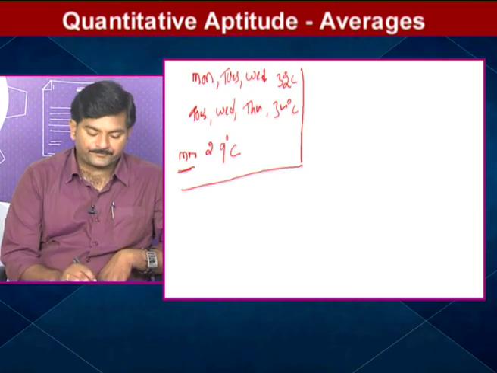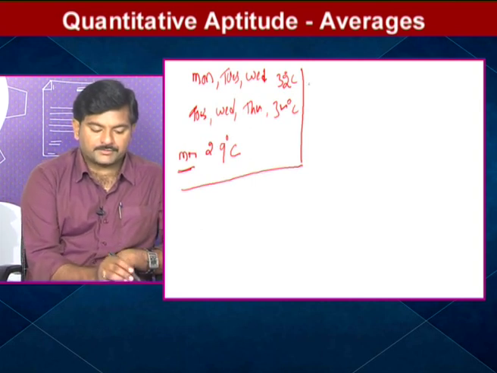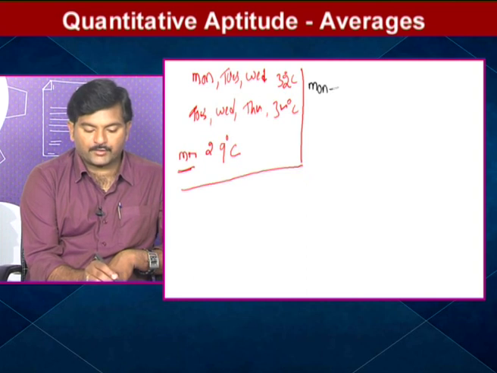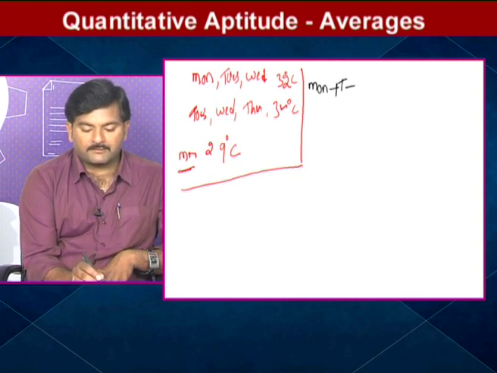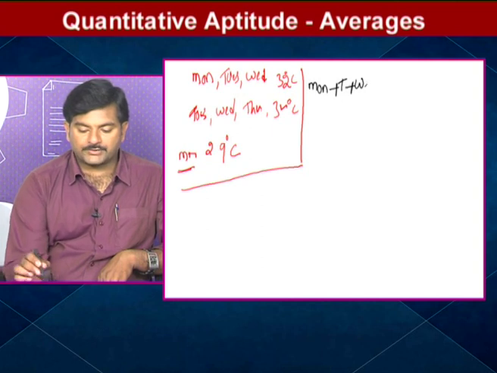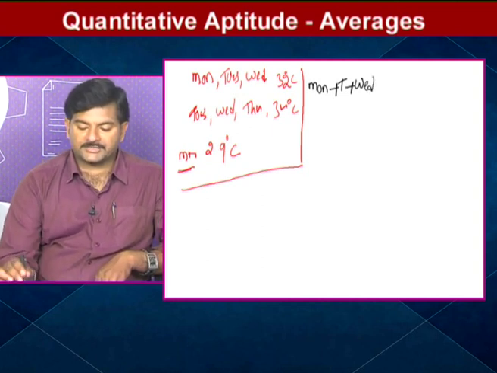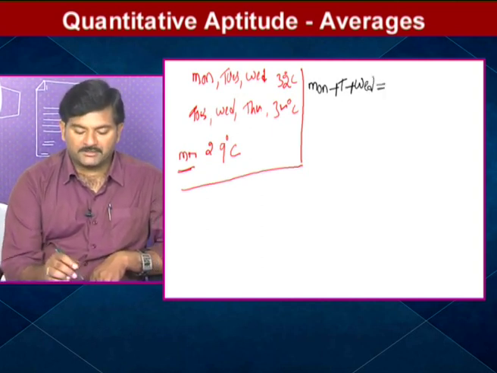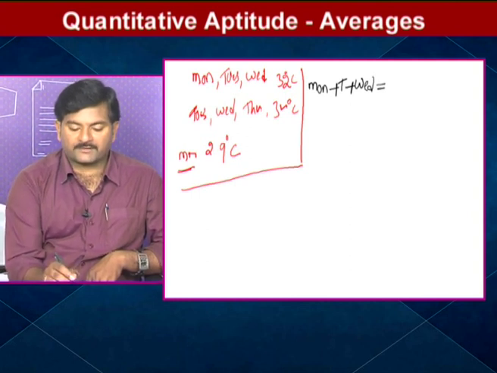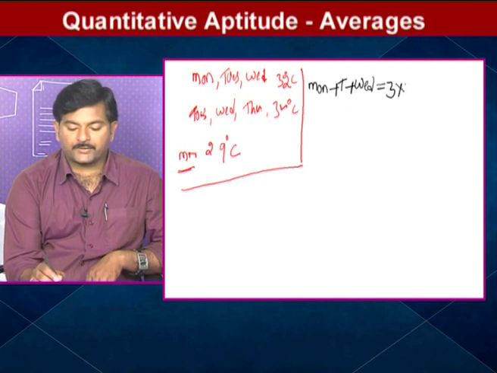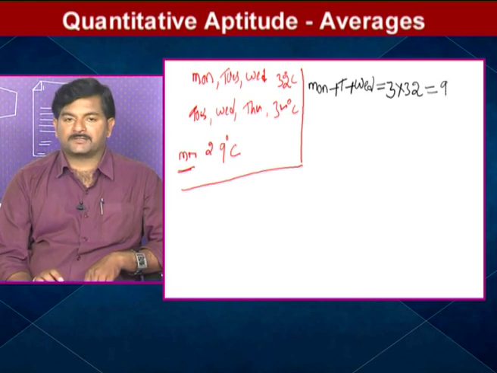Monday, Tuesday, Wednesday. Once we focus on that: Monday plus Tuesday plus Wednesday. The average temperature, how much is given? 32 is given. So we can find the total temperature, that is 32 into 3, which is equal to 96 degrees Celsius.